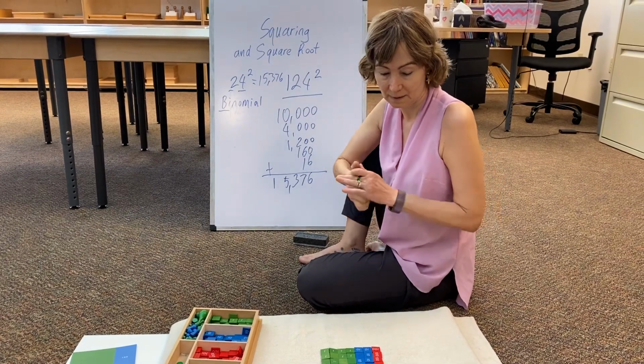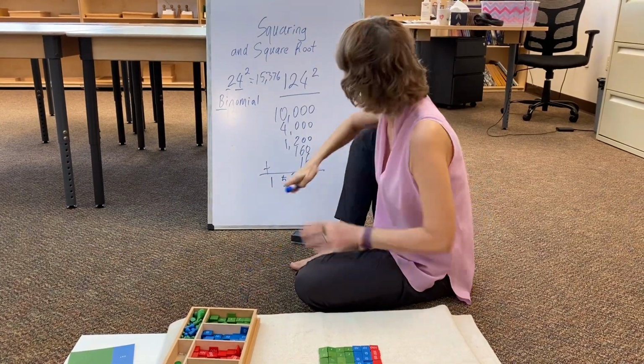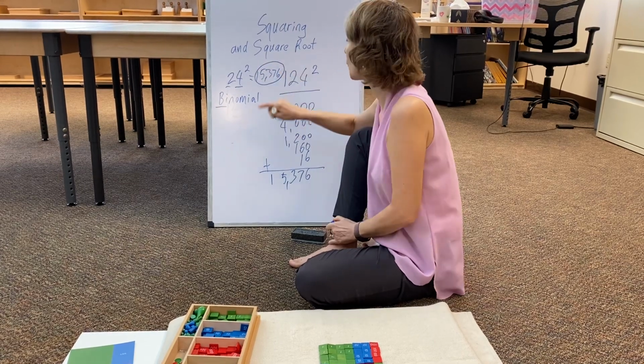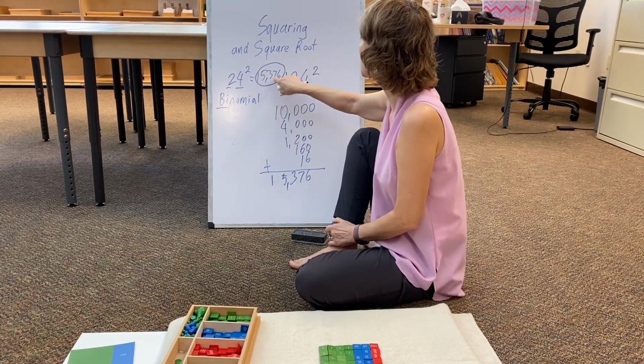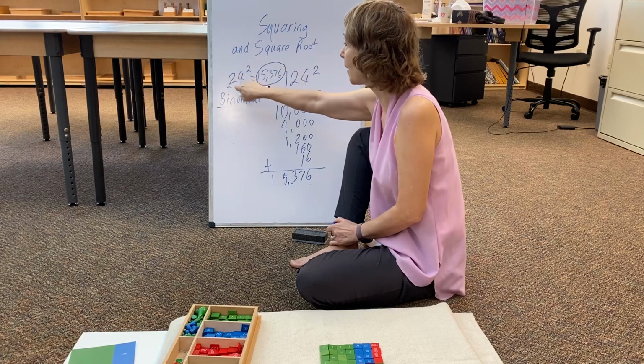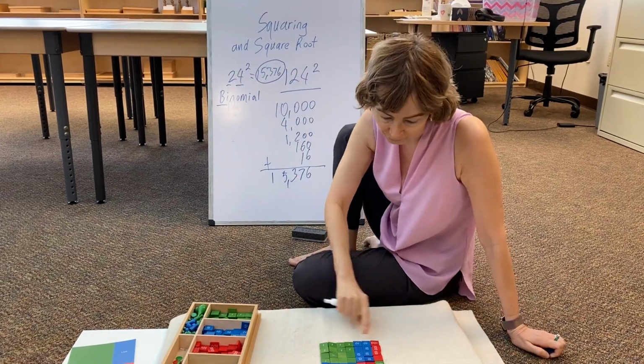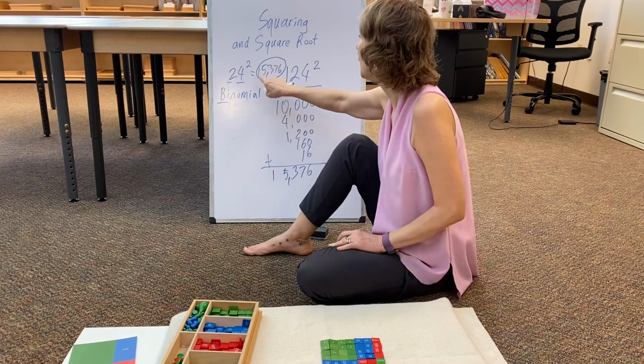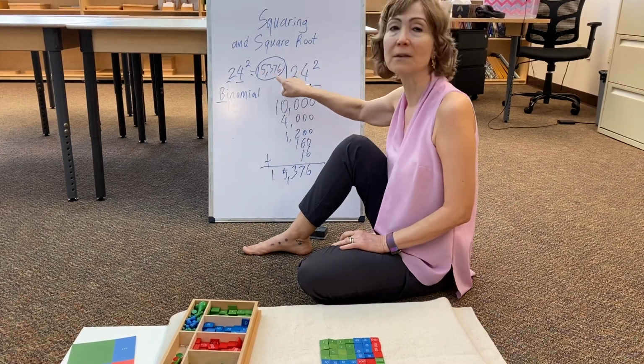And in case you want to know the square root of 15,376, you go backwards. It's 124. This is the square root. 124 is the square root of 15,376.